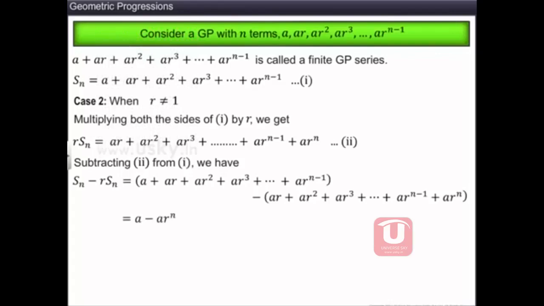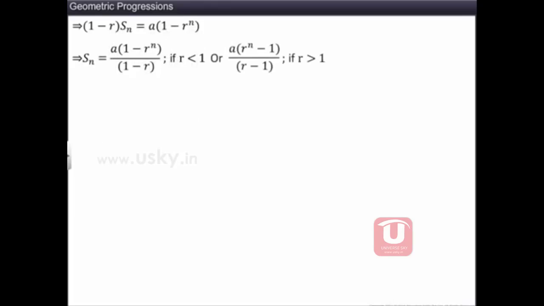This further implies 1 minus r into Sn is equal to a into 1 minus r raised to the power of n, or Sn is equal to a into 1 minus r raised to the power of n divided by 1 minus r if r is less than 1, and a into r raised to the power of n minus 1 divided by r minus 1 if r is greater than 1.